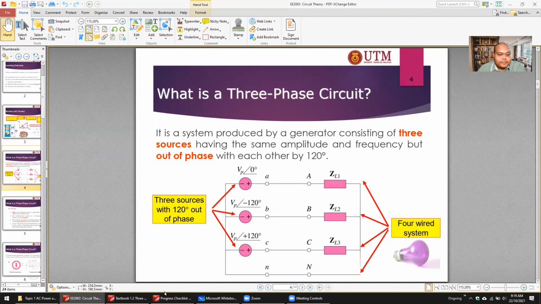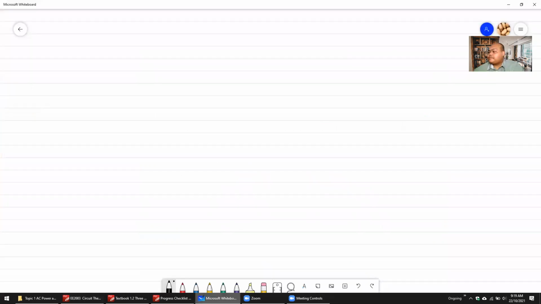So basically, if I draw the phase, assume that you have a red wire. This is VA, 0 degree.